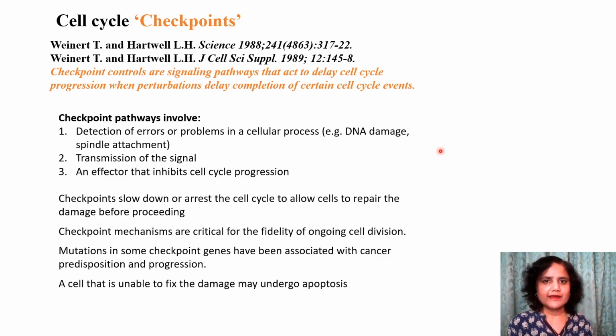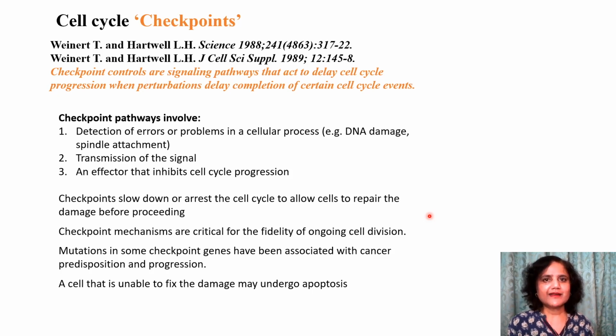For example, is there DNA damage, or has the attachment of chromosomes to the spindle been completed or not? And then transmission of the signal to an effector that then inhibits cell cycle progression. These checkpoints slow down or arrest the cell cycle to give cells time to repair the damage before proceeding further.